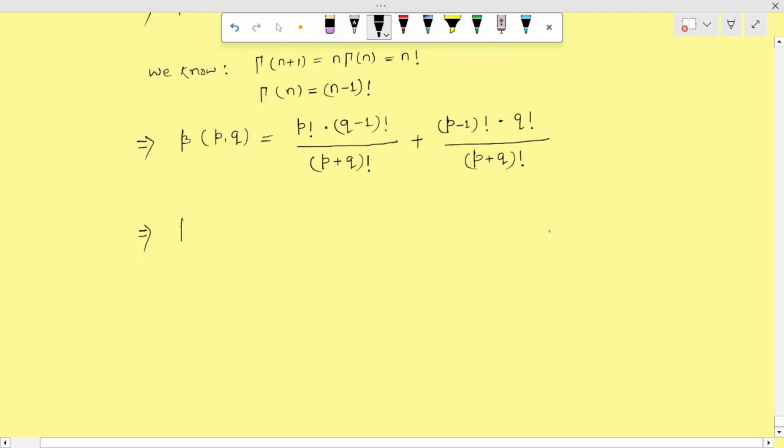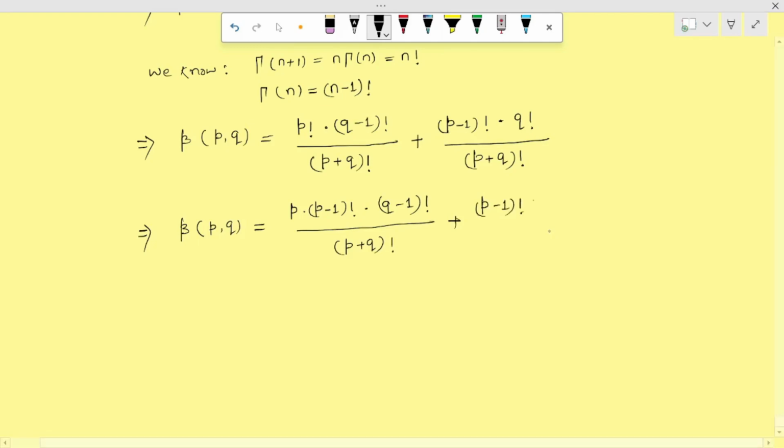That implies beta(p, q) will be equal to, here p factorial can be written as p into (p-1) factorial, into (q-1) factorial, by (p+q) factorial. Plus, here (p-1) factorial, q factorial can be written as q into (q-1) factorial. Here I wrote p factorial as p into (p-1) factorial, and q factorial as q into (q-1) factorial.